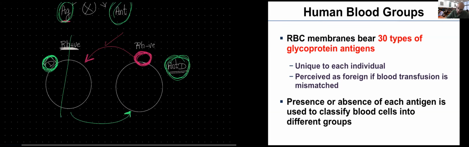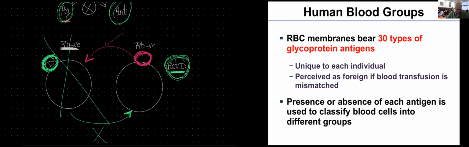They are going to be attacked and destroyed. So would you give Rh positive blood to an Rh negative person? No. But when would you be forming anti-D? After the first exposure.